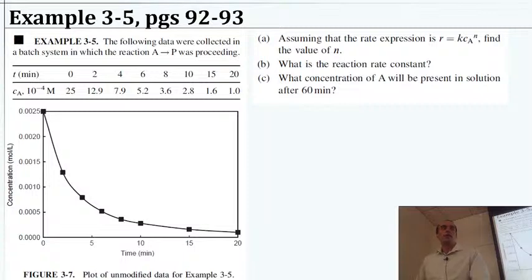Okay, if you just take a look at the data itself, anything that strikes out to you? Notice anything interesting? I was just doing this myself because I haven't looked at the problem in a while. But if you take a look from 0 to 2 minutes, slightly less than half is reduced. And then the next 2 minutes, again, slightly less than half. So it kind of looks like, at least at first, the half-life is a little over 2 minutes.